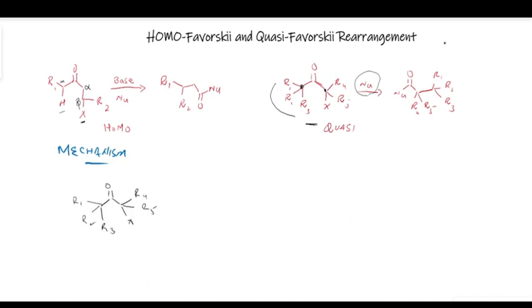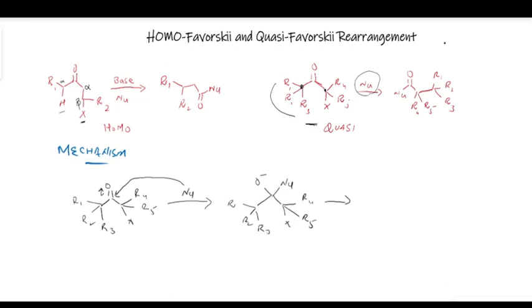So here is an alpha haloketone without any alpha hydrogen, and we have the nucleophile. Now, because we do not have any alpha hydrogen, no base is involved, only the nucleophile is there, and this nucleophile will attack the electrophilic carbonyl carbon, forming an oxyanion like this.